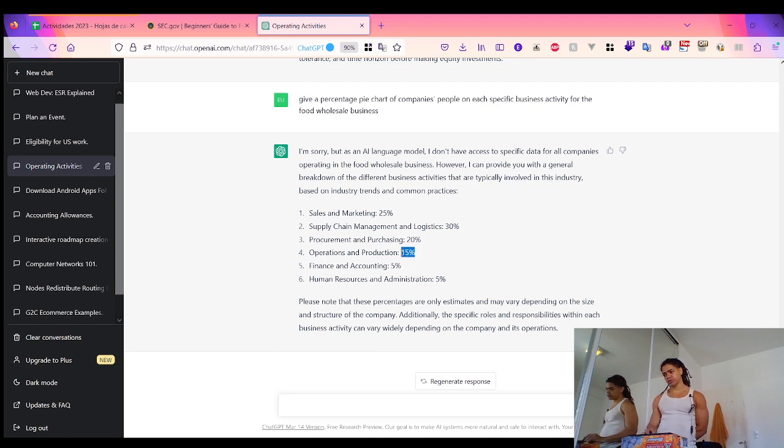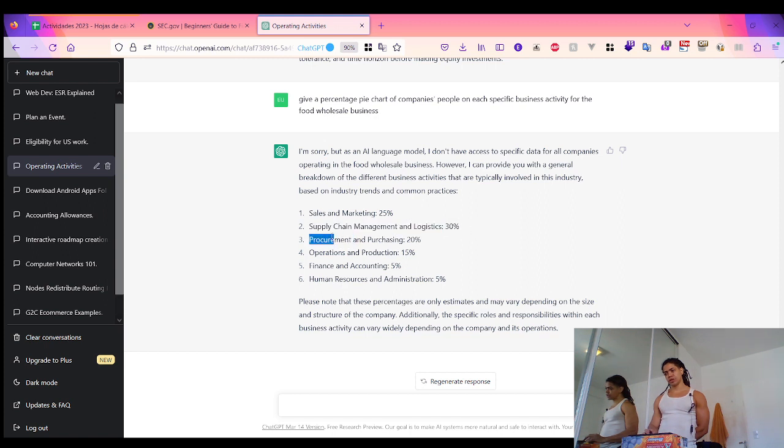Operations and productions, procurement and purchasing, which involves the purchase or sale of large volume to get a good bid, usually, and supply chain management and logistics. Supply chain management and logistics, 30%. And then you've got sales and marketing, meaning that there is a huge amount of people working on the supply chain management and its logistics.